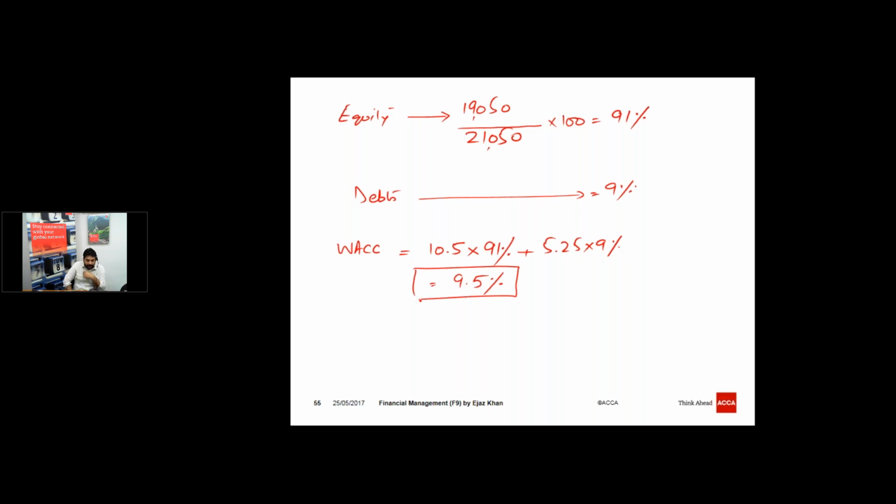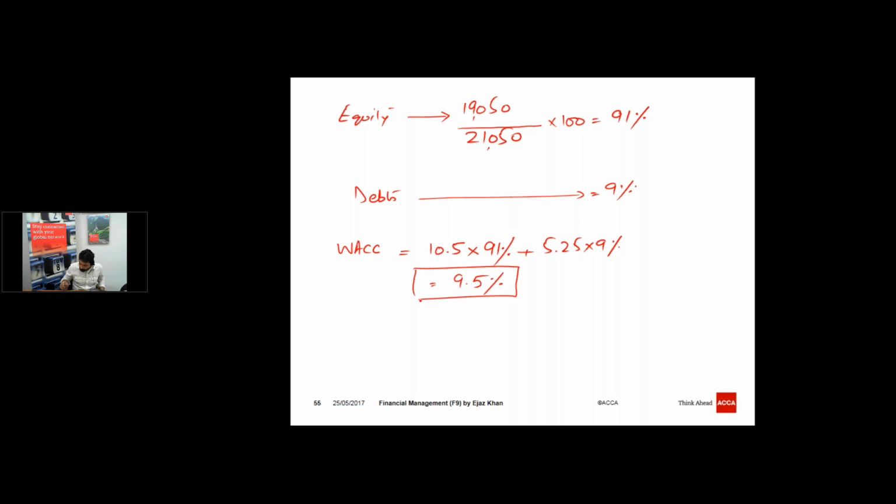Is everybody getting the same answer, 9.5%? And I want everybody to respond. Just write yes if you have got this question. It's 10.02%. Okay, let me calculate it then. 10.5 into 0.91 plus 5.25 into 0.09.